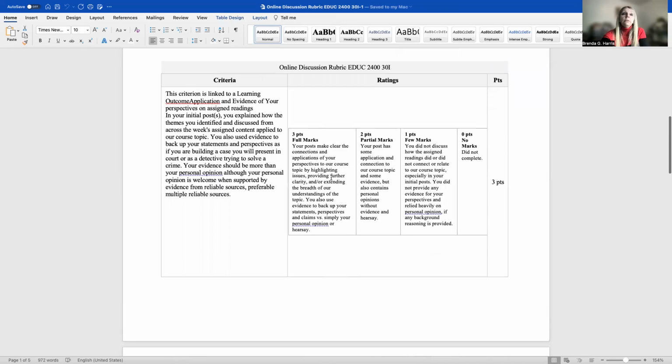And you've also done very, very well on this second difficult criteria. This is where you're making the connections between school, society, and diversity. What you read, how does that apply to what we're trying to understand?